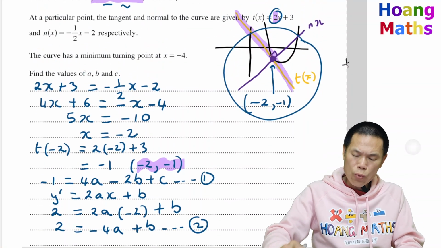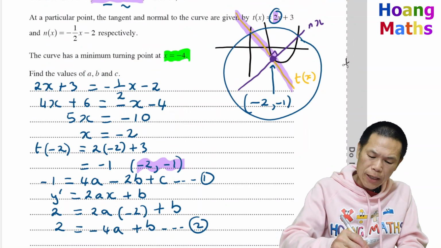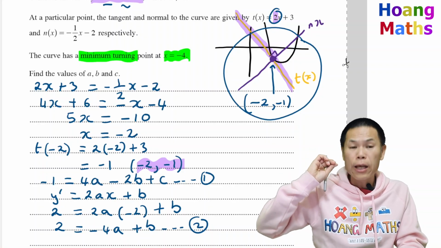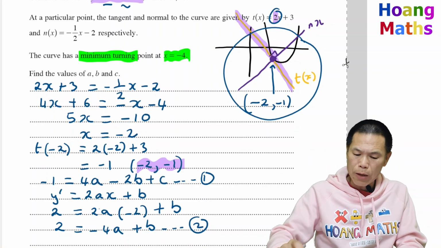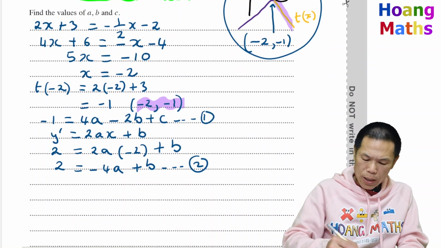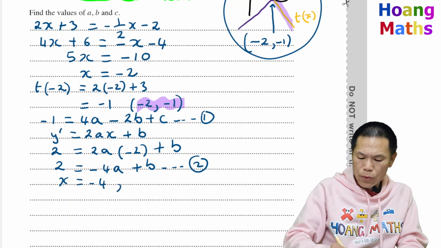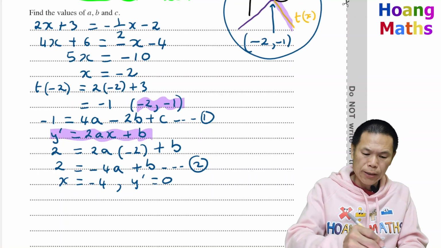And one more, we need to note that when x is negative 4, it gives us the minimum turning point. In other words, when x is negative 4, y dash is equal to 0. So keep that in mind. And we have y dash here.